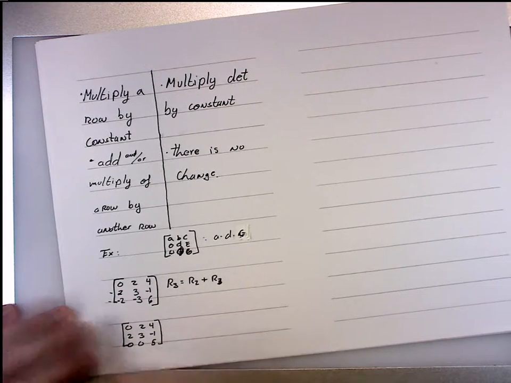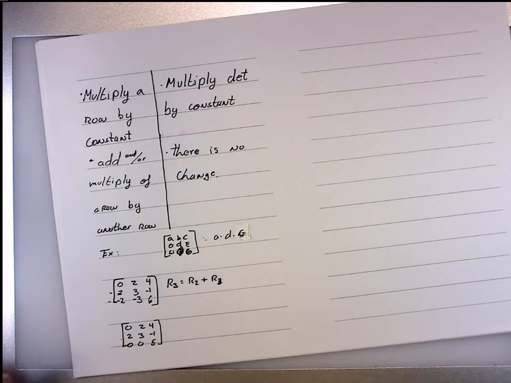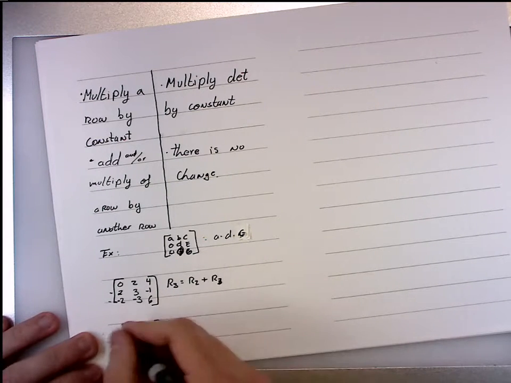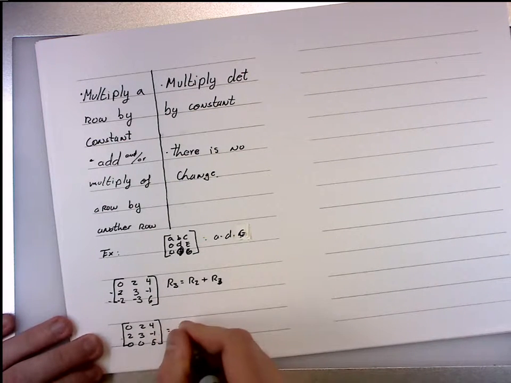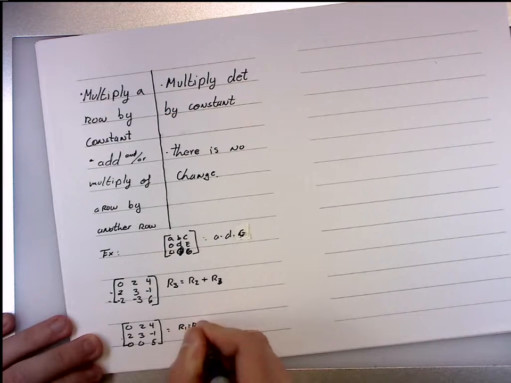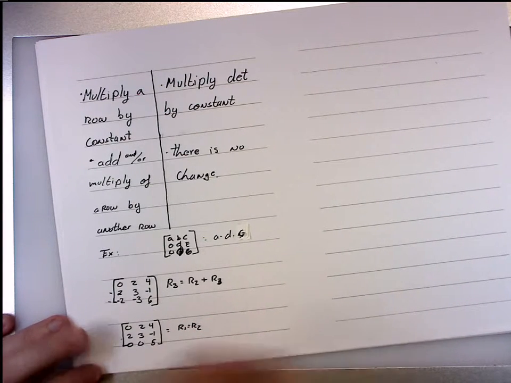So now we already have 2 zeros in the bottom. All we need is another 0 right here. So all we need to do is interchange row 1 and row 2. Row 1 is going to be equal to row 2, and row 2 is going to be equal to row 1.